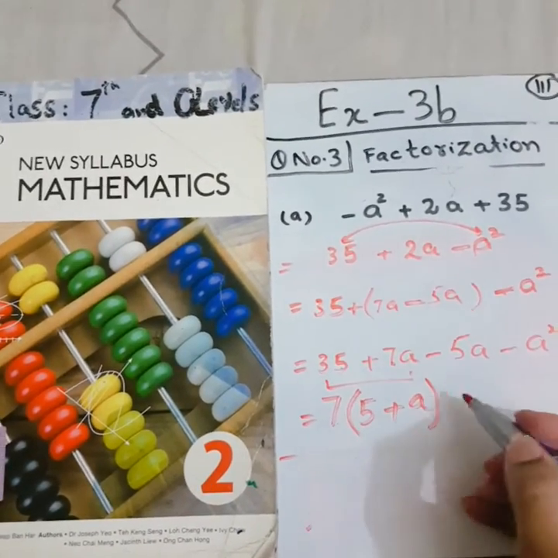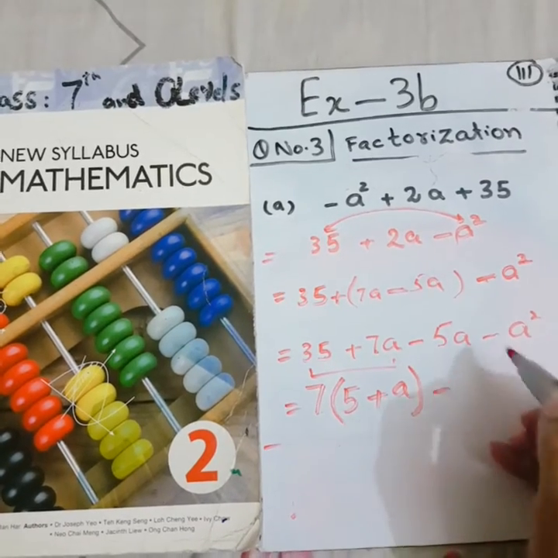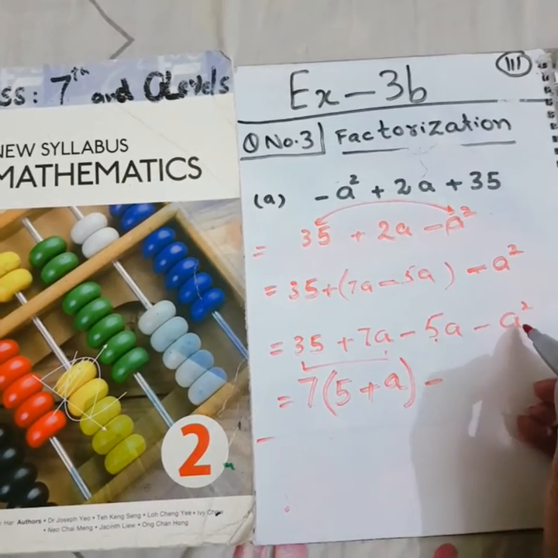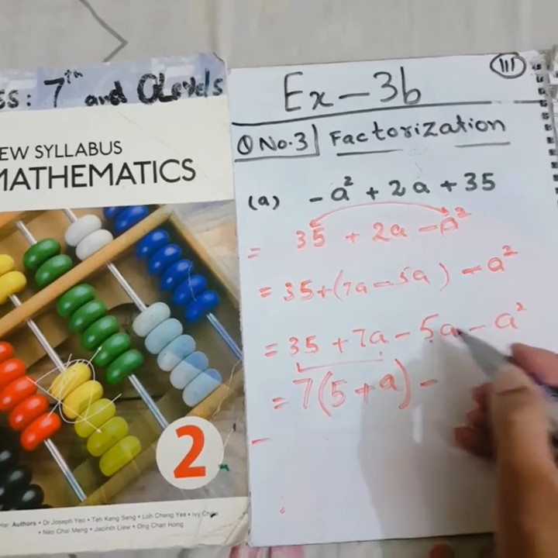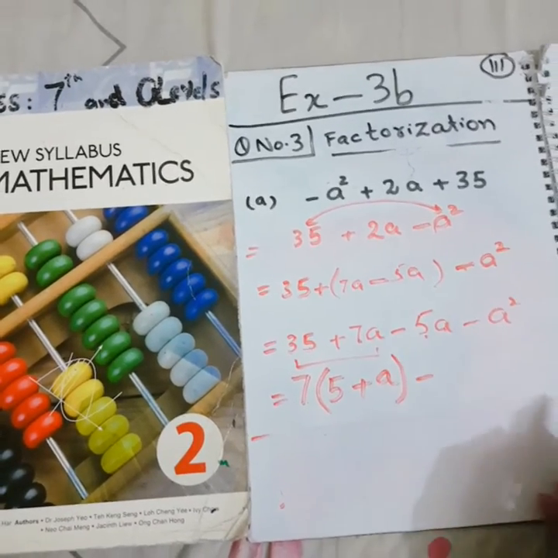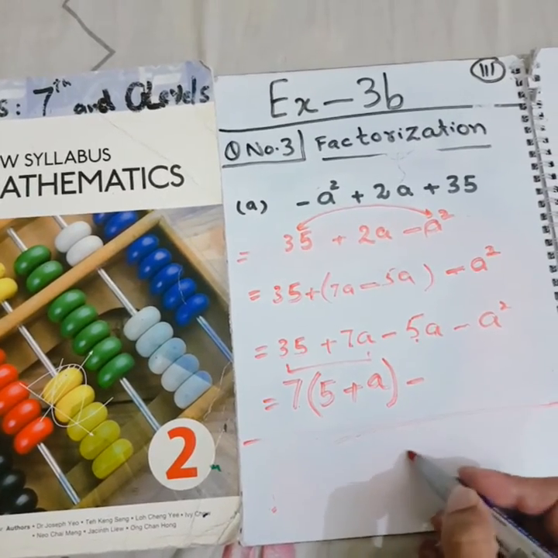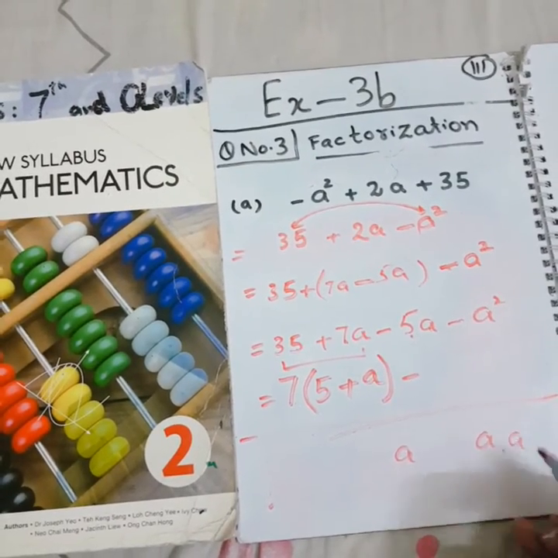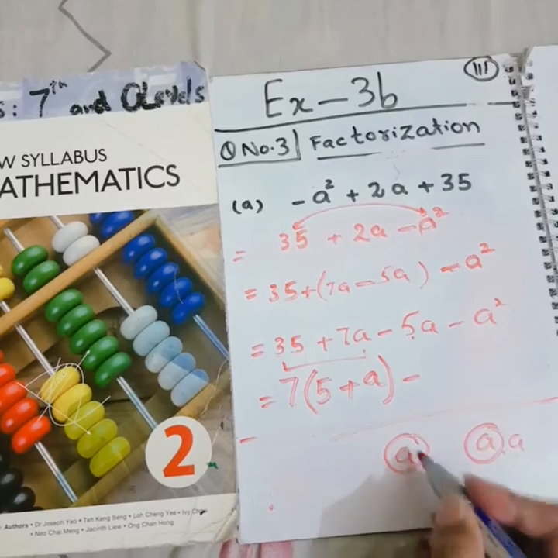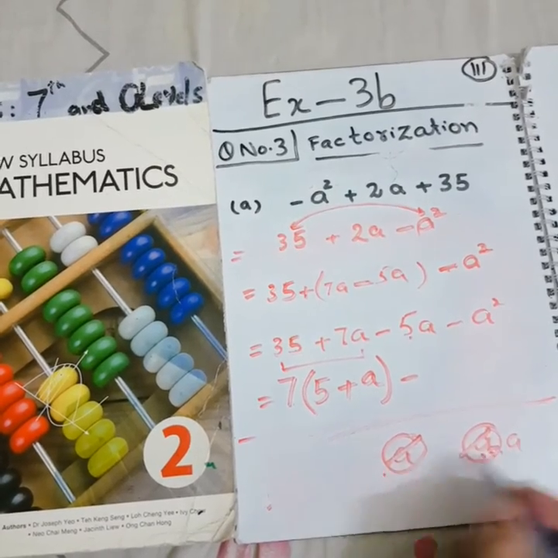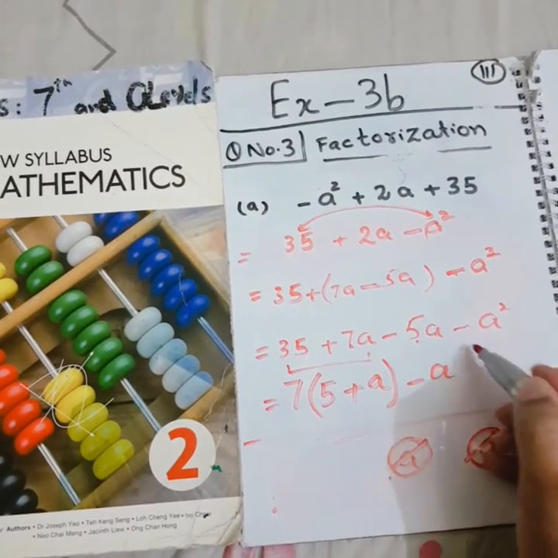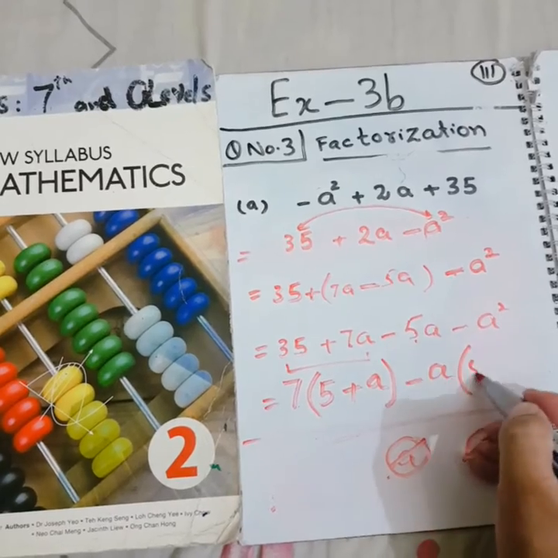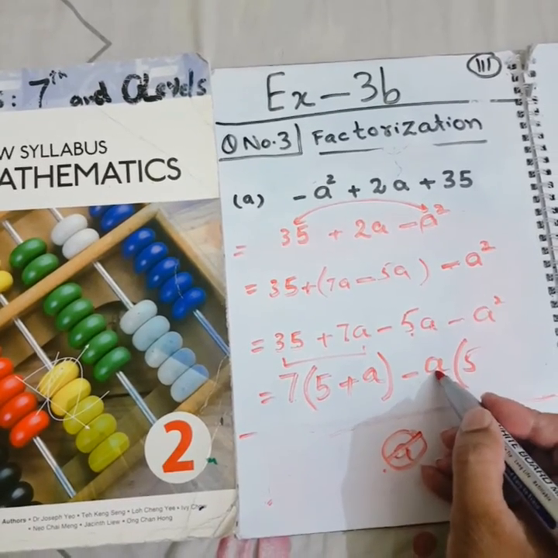Okay, now it's the turn of this 5. There is 5 here, but here is no multiple of 5, but here is a and here is a square. In the rough work, I can tell you, if it is a here and a square here, a square means 2 times a. Only this a is common with this a, so these two a's are common. This will be taken as common, so 5 shall stay, and its a is outside as common.